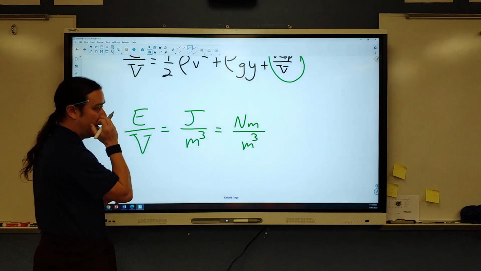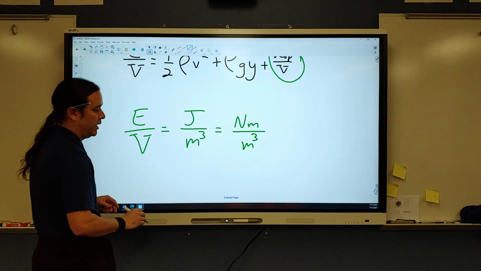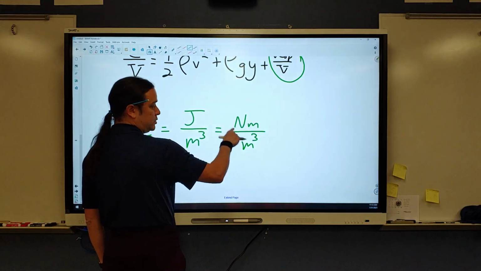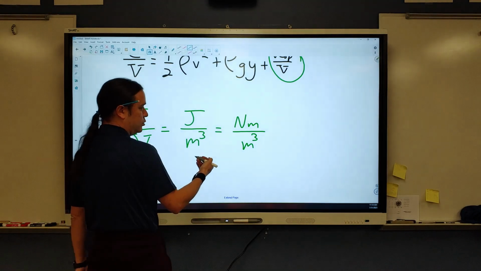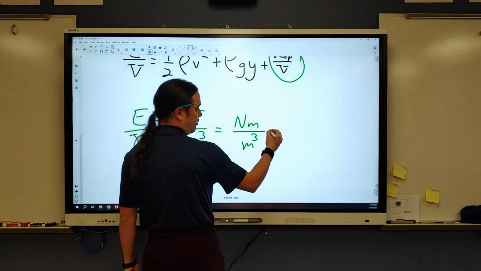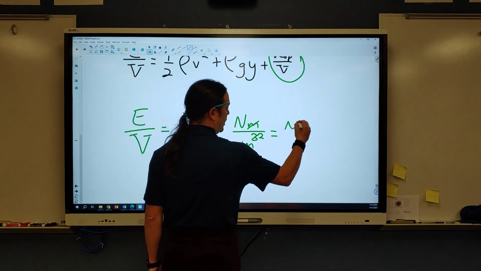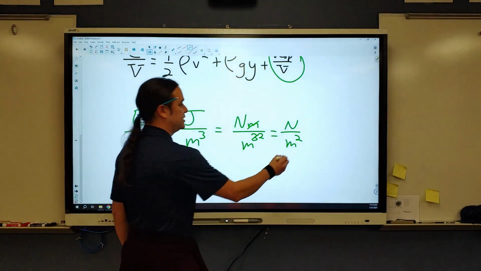I'm emphasizing that that's different than torque, Newton meters, just as a reminder on that, if you've seen it. But a force applied over a displacement, Newton times meter, is how you would do work, which is energy, a joule. So I would have the following, but one meter can cancel out with this, leaving it squared, and I end up with Newton per meter squared, which is a Pascal.